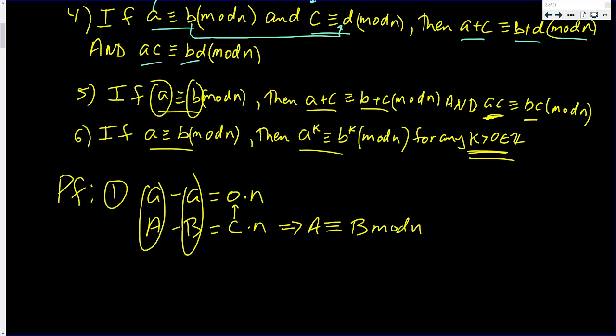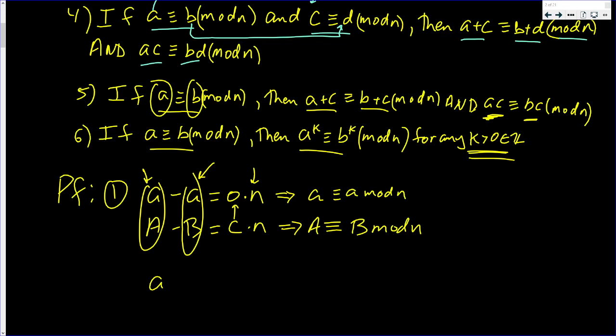I don't care that c is 0. Just keep in mind that c, whether it's 0 or not, has to be an integer, and 0 is an integer. So this tells me that this number is congruent to that number. a is congruent to a mod n.